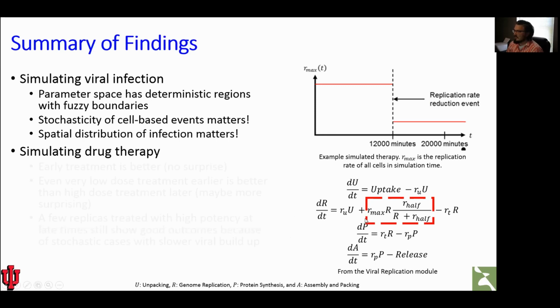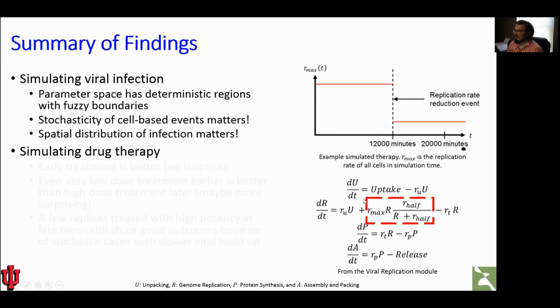Of particular interest is this second stage called replicating, and this models genomic replication, specifically with this term in the red box. This is where exponential amplification of viral populations occurs.